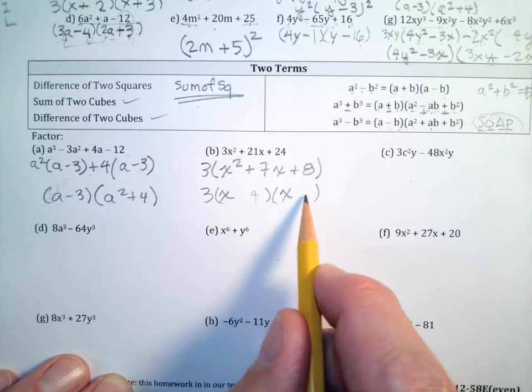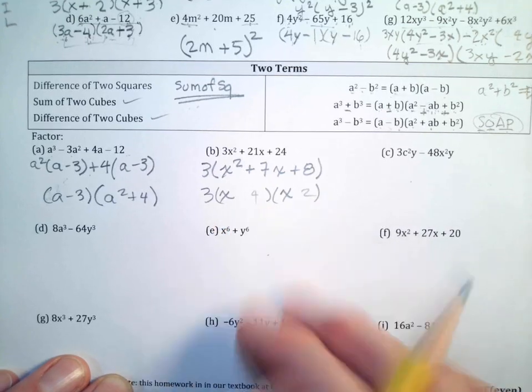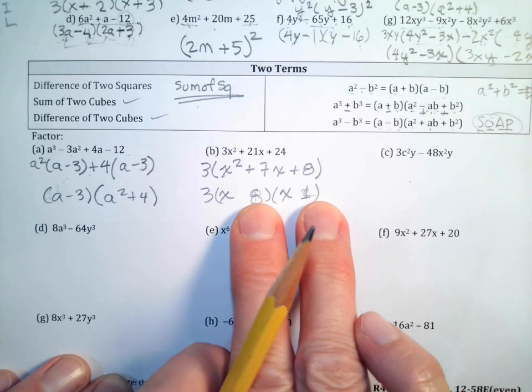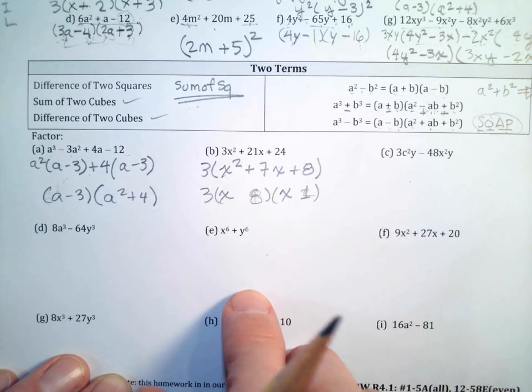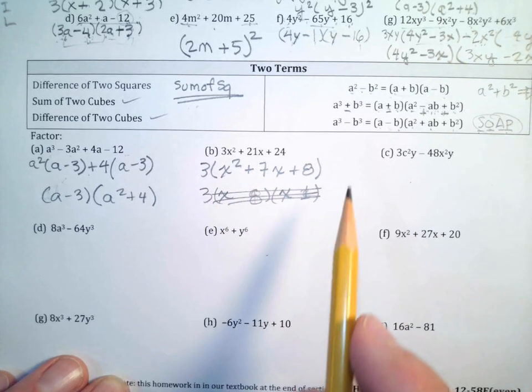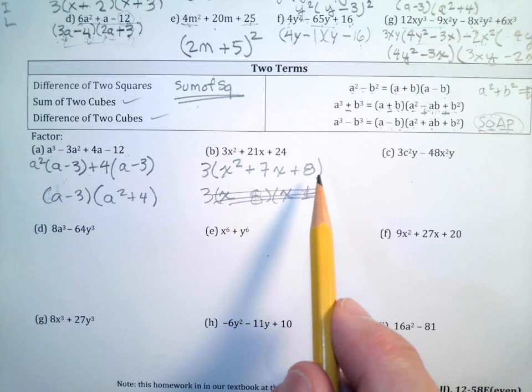That could be 4 and 2, but that sum is not 7, it's 6. We could do 8 and 1, but that sum is 9, not 7. So this is not factorable. I mean, it was factorable through a GCF, but that trinomial is not further factorable. All right, next one.